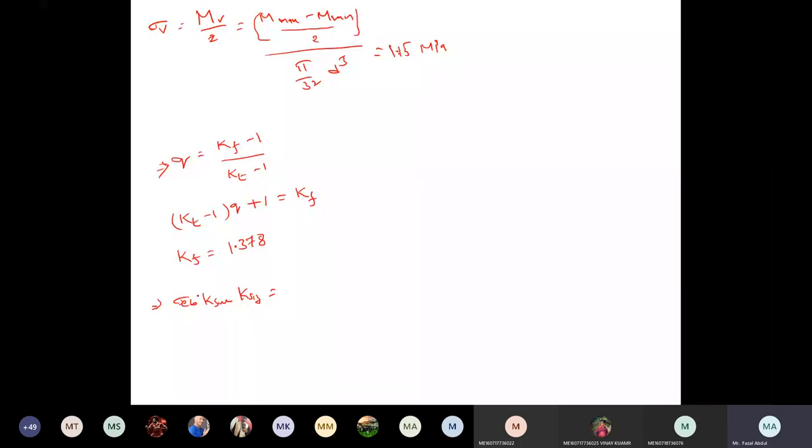So first, to calculate sigma EB, we know sigma E is given in the question, but KB we don't know. The multiplication of these is referred to as sigma EB, along with K surface and K size. KB is nothing but the bending factor. Why am I taking the bending factor?